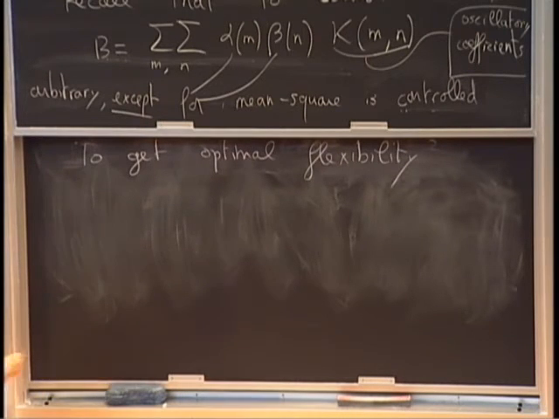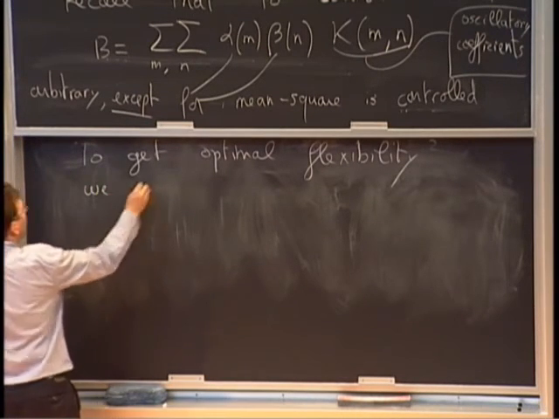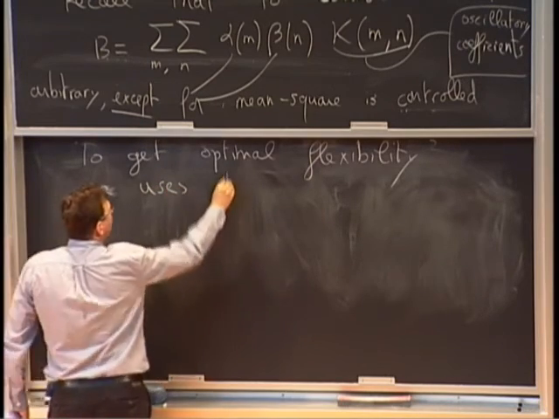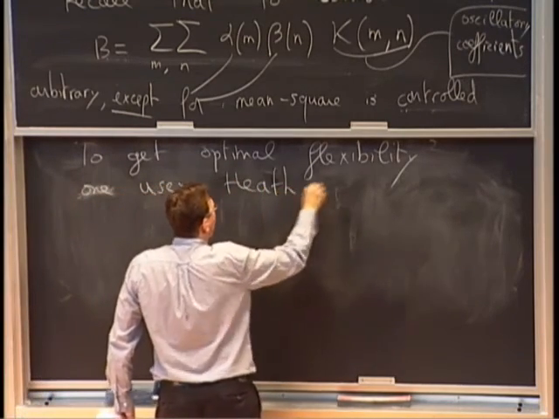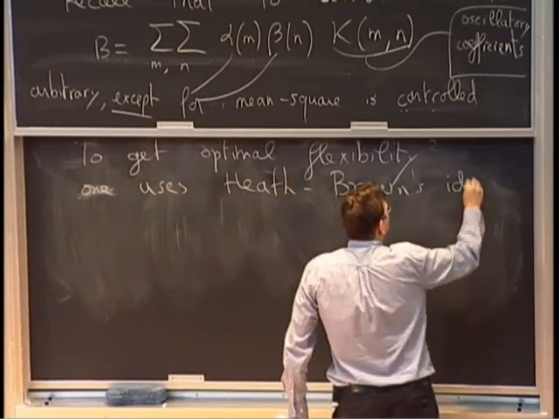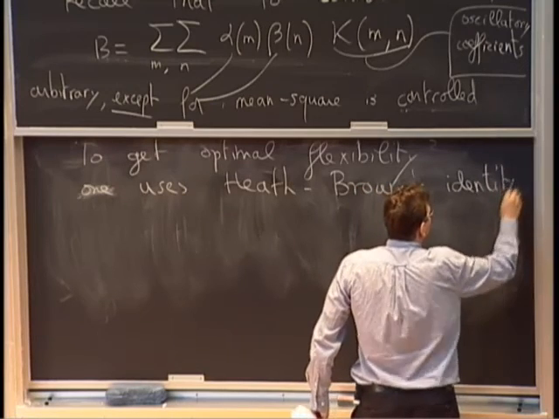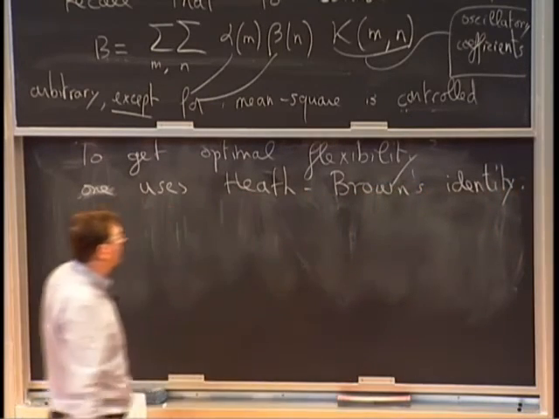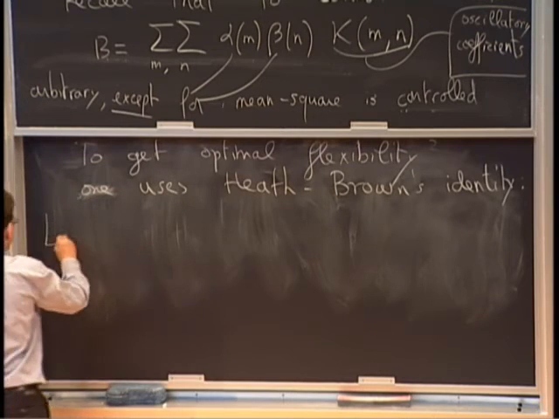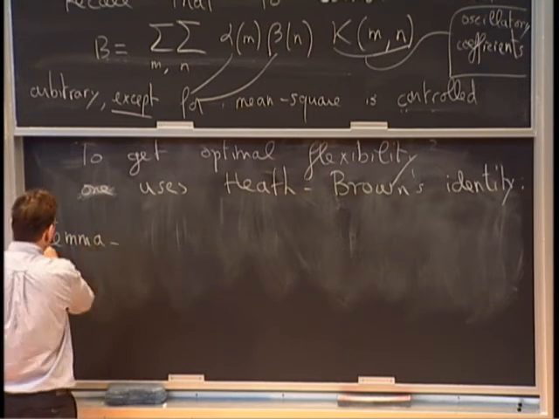So one uses Heath-Brown's identity. There would be an identity of Linnik which might be used with almost the same flexibility, but it has a few defects which have the consequence that most people tend to use Heath-Brown's identity. So it goes as follows.